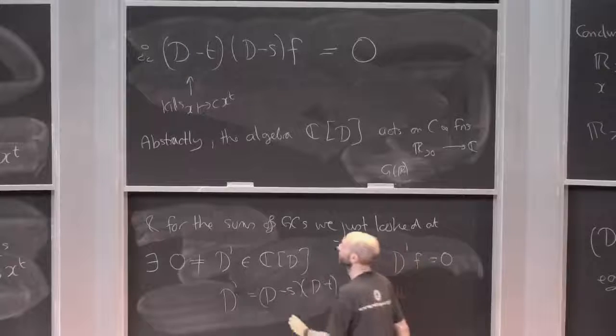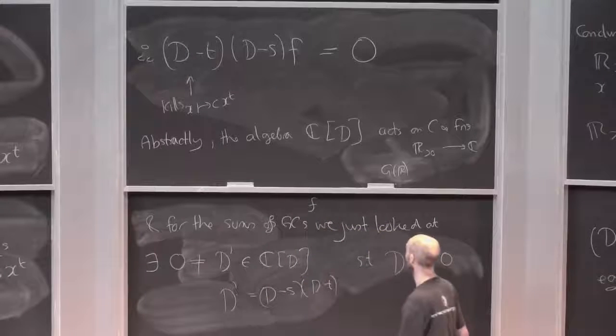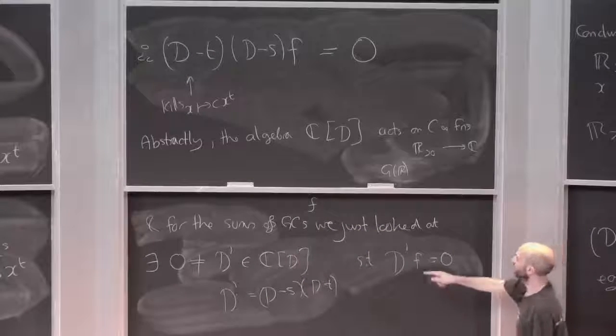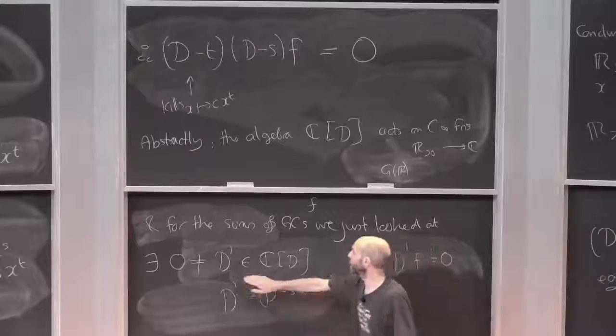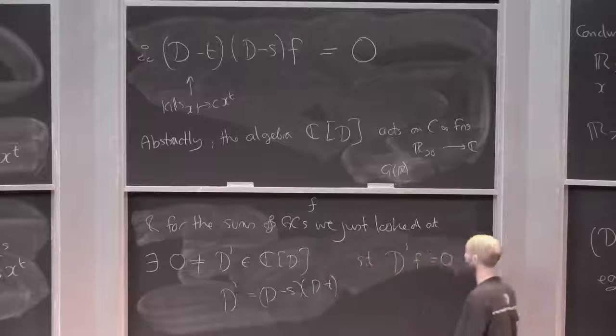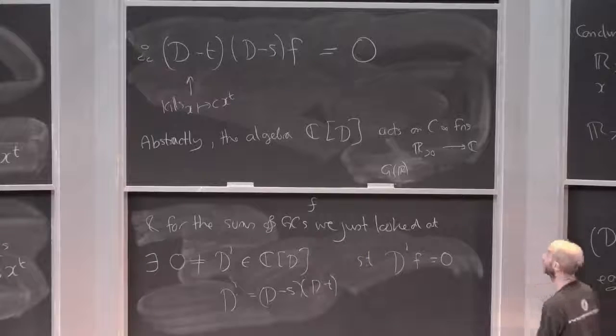This sum of Grierson characters was called f. So there was a non-zero differential operator that killed my function, and that operator generates an entire ideal of differential operators, each of which kills my function, right?